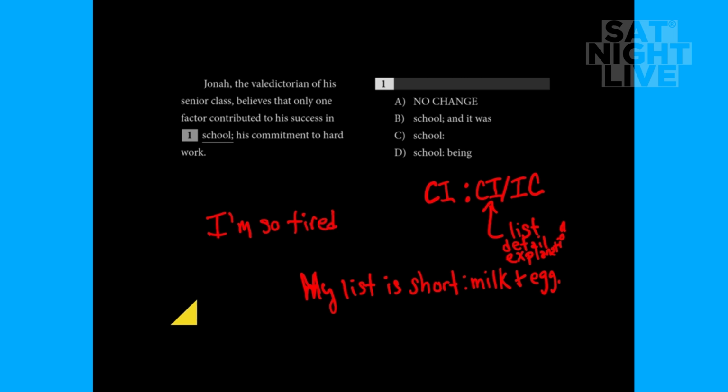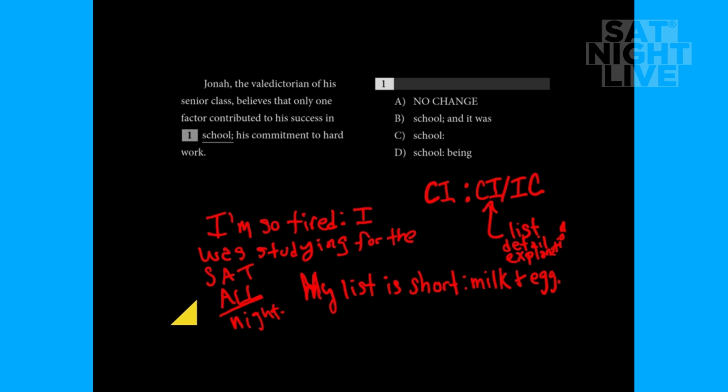And then you might see after that, colon, I was studying for the SAT all night. I'm going to say all capital letters, all night. Now we see an example of a complete sentence and then another complete sentence, and that colon is separating them. Okay, so it's similar to a semicolon sometimes.